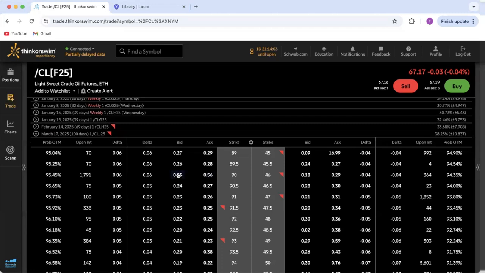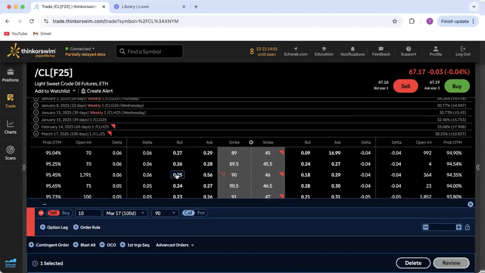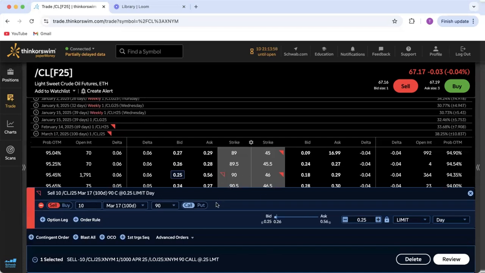So all I've got to do is click on the bid number and this little box opens up. It's already populated to sell it because I clicked the bid. So see the sell right here? I can change my quantity to whatever I want. It's going to tell me what the market is here. It's already populated.